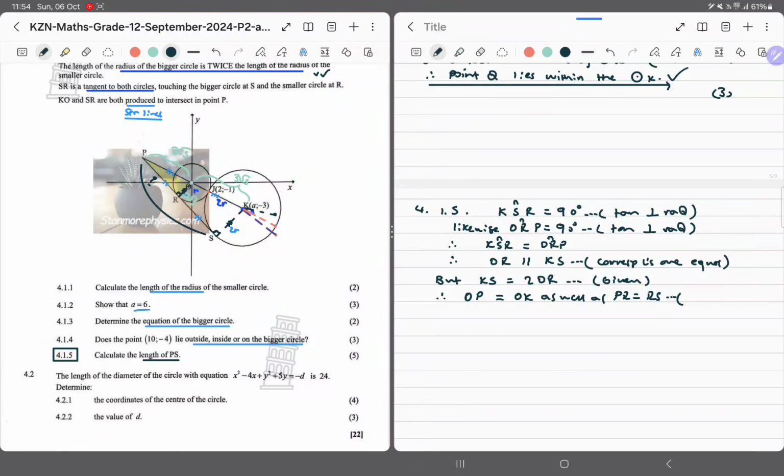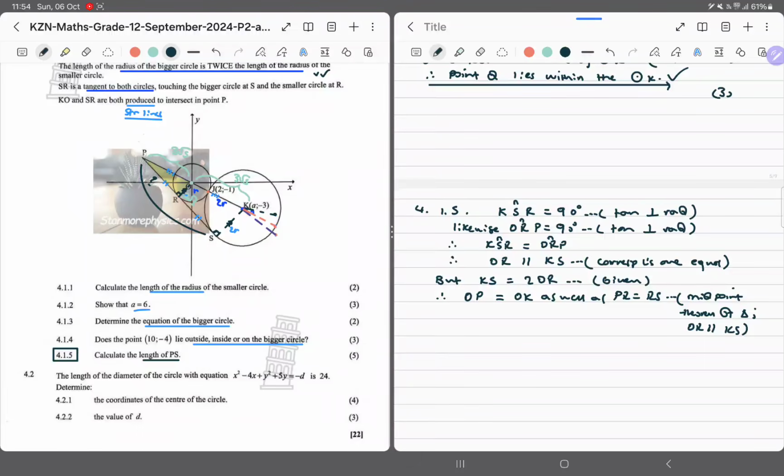What is the reason here? This is the midpoint theorem of triangles. Obviously, whenever we mention such a thing, it's a special case of proportionality, right? We need to prove that since OR is parallel to KS.